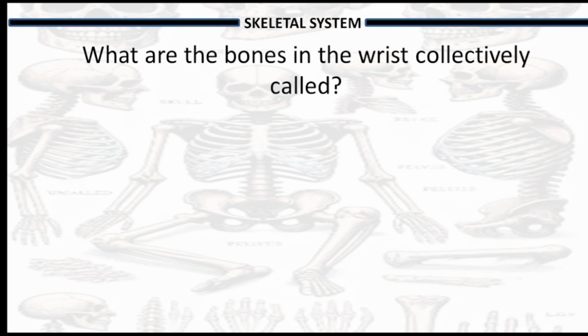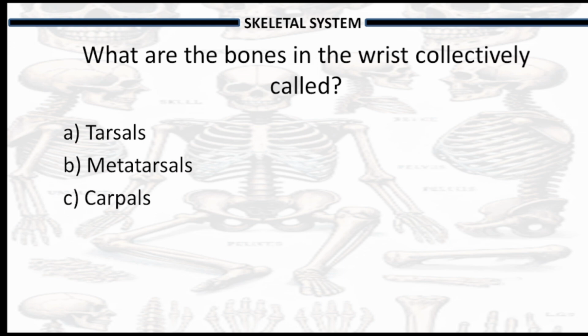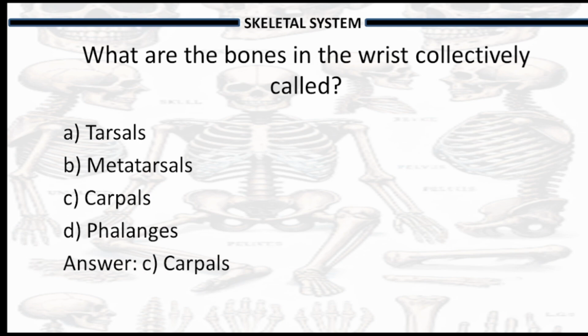What are the bones in the wrist collectively called? The bones in the wrist are collectively called as carpals.